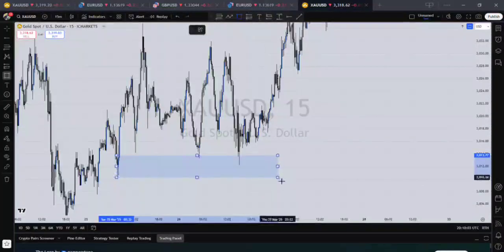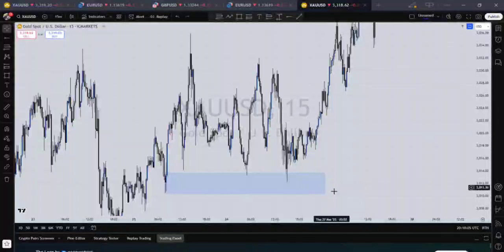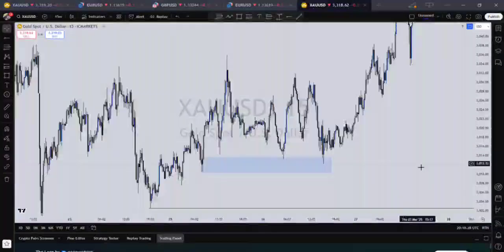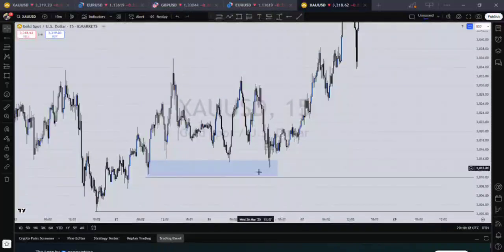Where's our second demand? Here now. The last low after the second break, which is here. Now, this is what I did, both in my personal account and in all my accounts: I placed a buy, setting my SL below here.